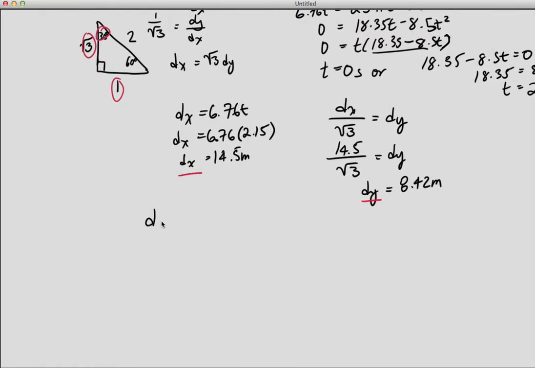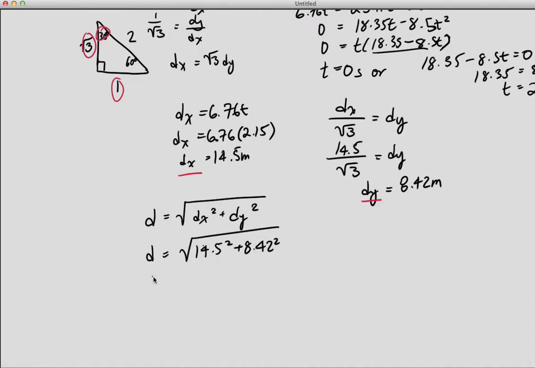So we can take d as our c, and we can set that equal to the square root of dx squared plus dy squared. Now we can input our known values, which are 14.5 squared plus 8.42 squared, and find the square root of that. Our answer, finally, comes out to be around 17 meters if we round it off.